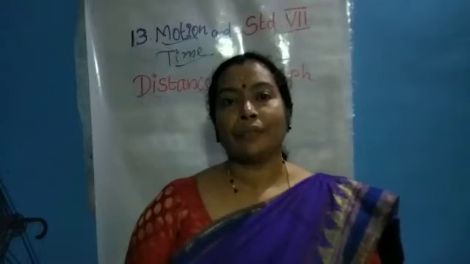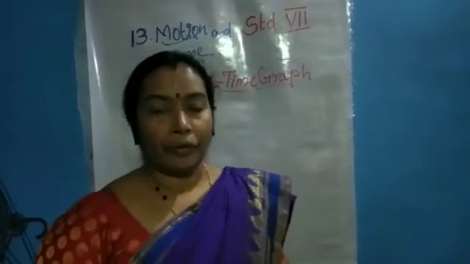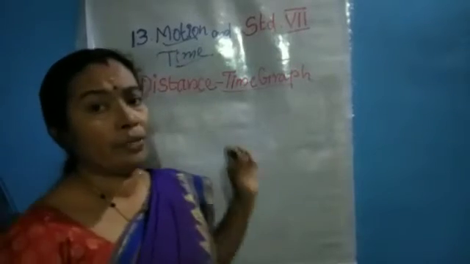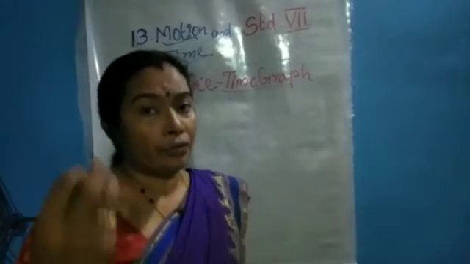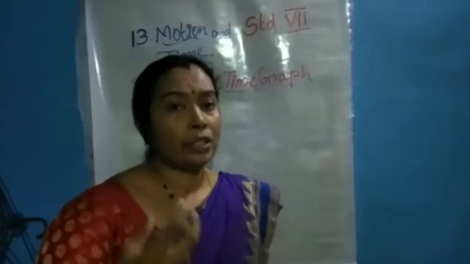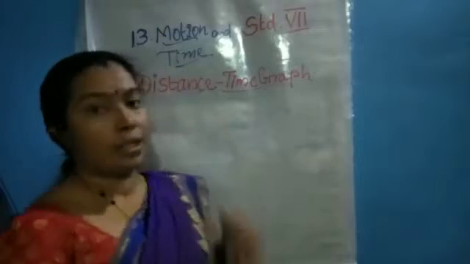So if we plot a distance-time graph, from that we can get at what time the object is at what distance, or how much time the object takes to cover this much distance.